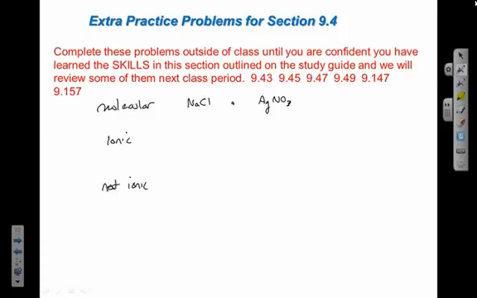So the molecular equation would be treating ionic compounds as molecules. I recognize that these two compounds are ionic because I have a metal and a nonmetal, right? I have Na, metal, Cl, nonmetal. I have Ag, metal, NO3, group of nonmetals. So when I have a metal and a nonmetal, I know it's ionic.